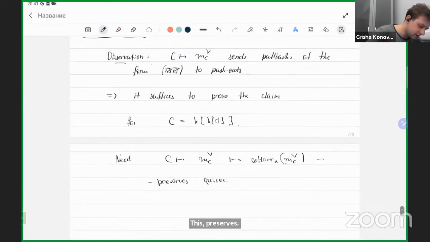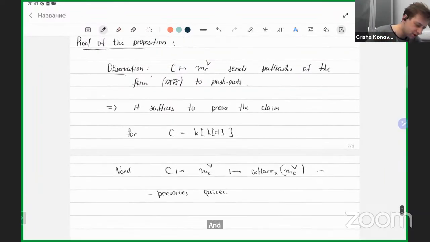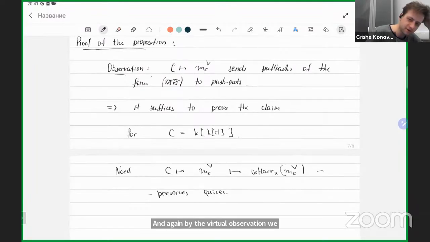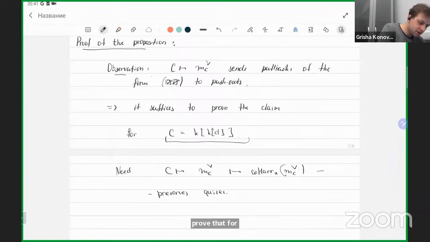And again, by virtue of the observation, we just need to prove that for C being of this particular type.